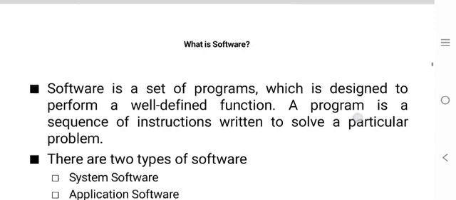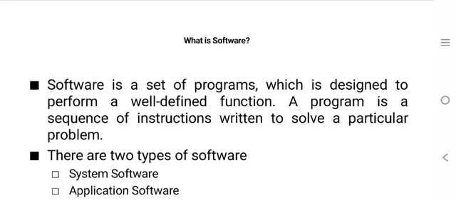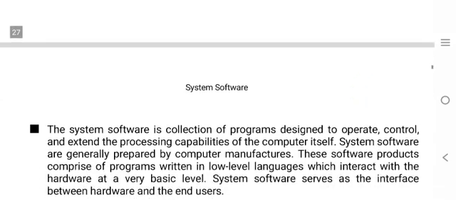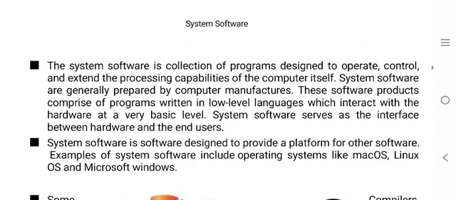Now the next one is the software. Software refers to the programs that tell the hardware what to do. There are two major categories of software: system software and application software. System software operates the hardware and provides the platform for other software.